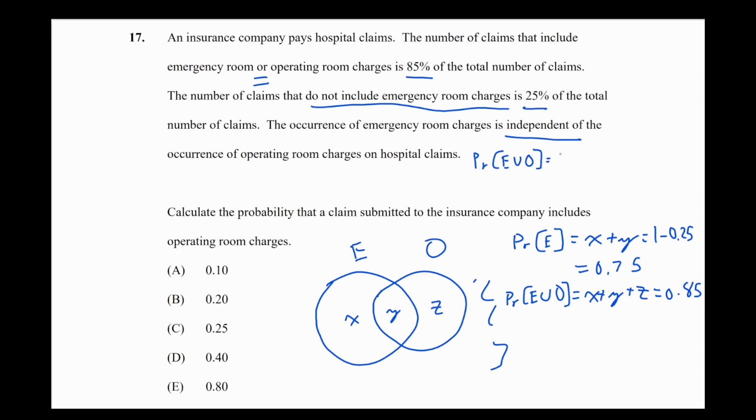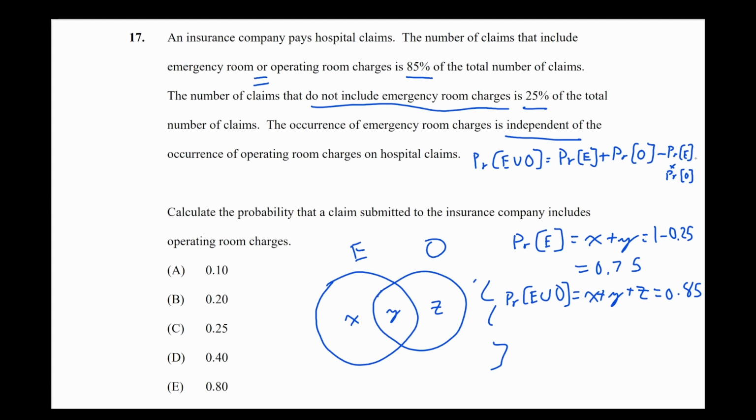So the probability of E union O, if we were to write it formulaically, would be the probability of E plus the probability of O minus the intersection, which would be the probability of E times the probability of O.